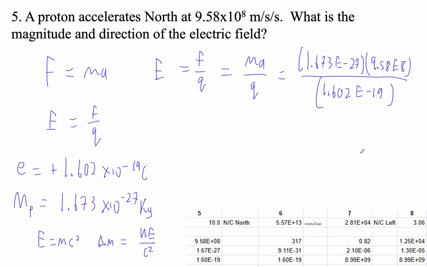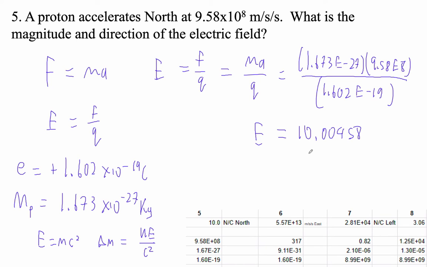Now we're set. Let's see, divided by 1.602. And I get, whoa, I must have contrived those numbers. I get 10.00458.